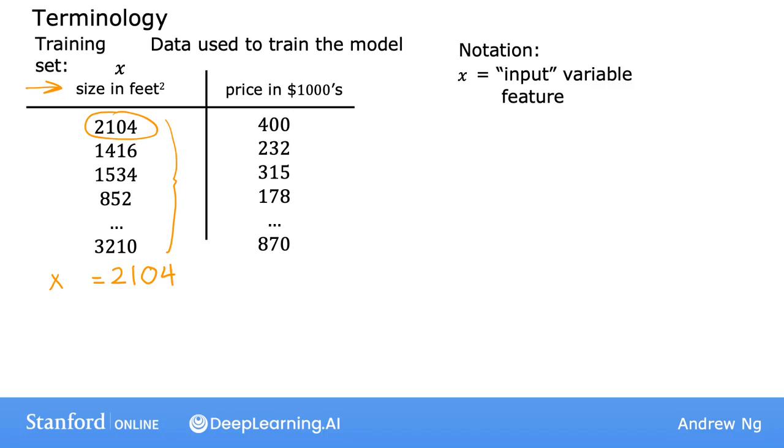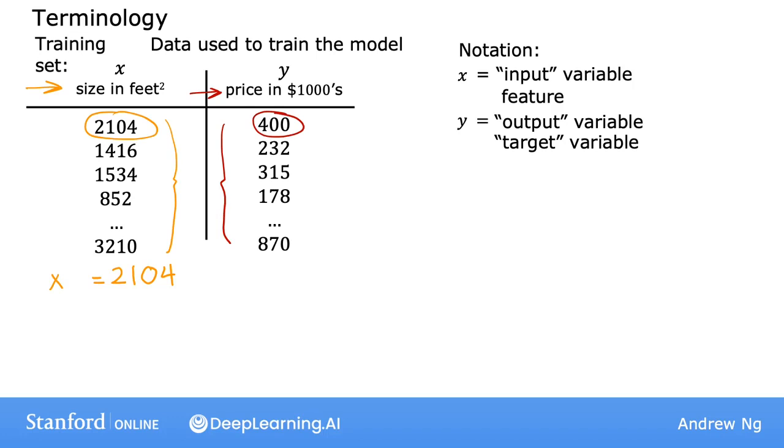The standard notation to denote the output variable, which you're trying to predict, which is also sometimes called the target variable, is lowercase y. And so here, y is the price of the house, and for the first training example, this is equal to 400. So y equals 400.